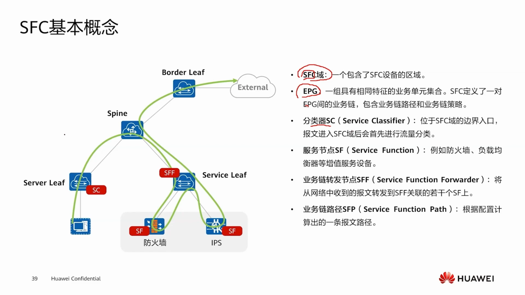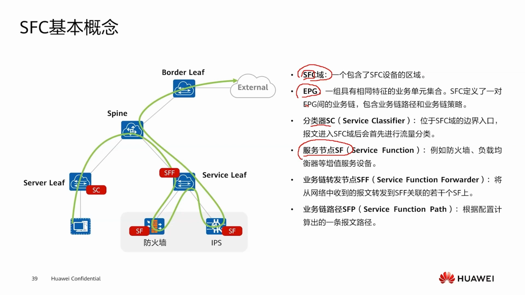What does this domain mean? Traffic comes in through this door, I categorize you, and you're considered within the SFC domain. EPG, we talked about it before, is about categorization, making a group. It's called a classifier. What is a classifier? After the traffic comes in, which business chain do you belong to?